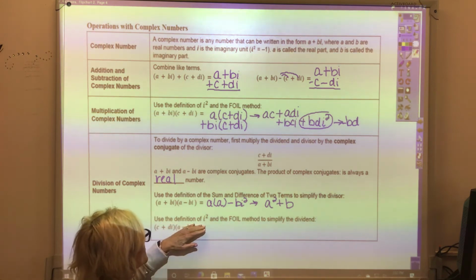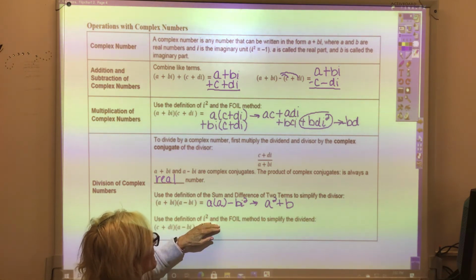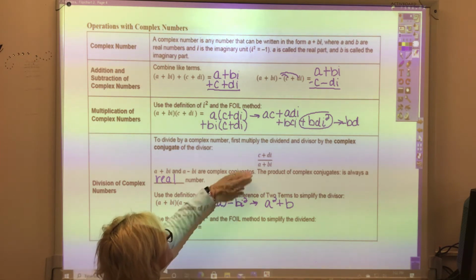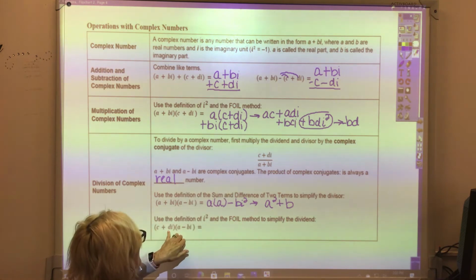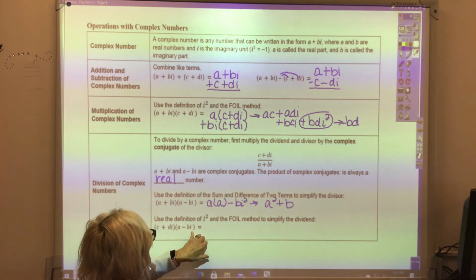You use the definition of i squared and the FOIL method to simplify the dividend. The dividend is your numerator. So you take c plus di, multiply it by a minus bi.